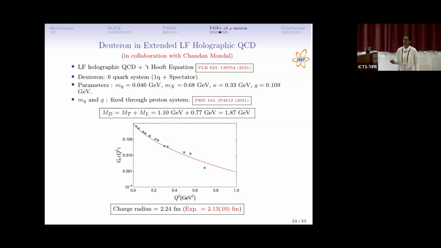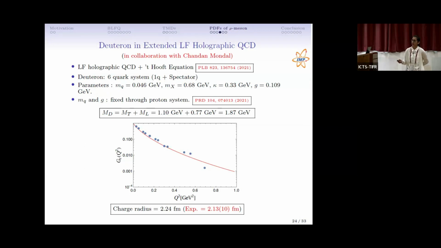This quark mass MQ and G we fixed for the proton case to study the spectroscopy of all the hadrons basically. We fitted MQ to be 0.046 and G, the longitudinal confinement, to be 0.109 GeV. So these are fixed. We just changed the mass of the spectator and the confinement in the transverse direction.